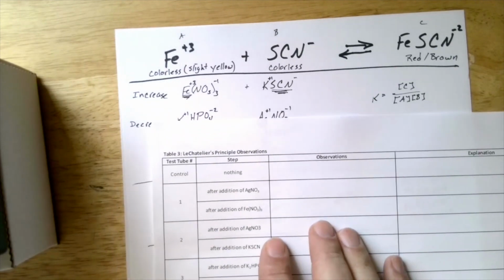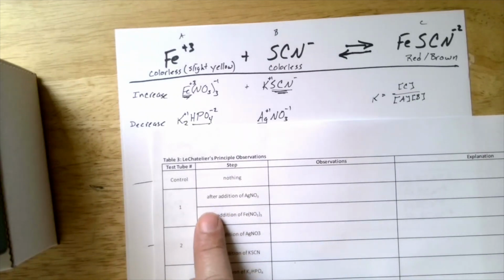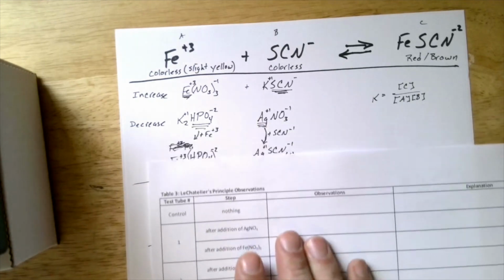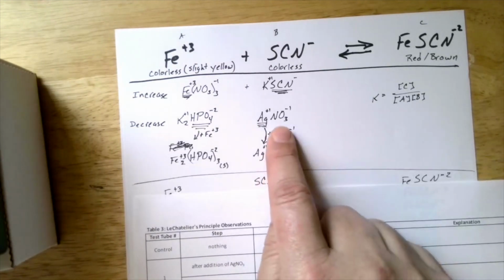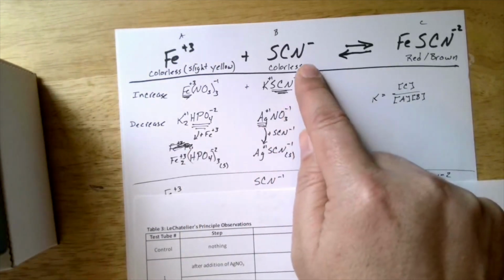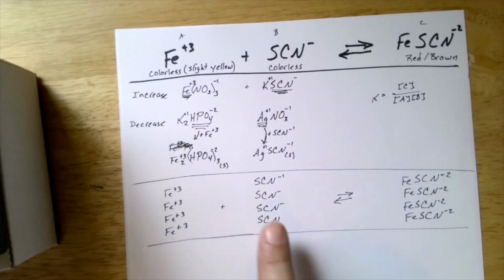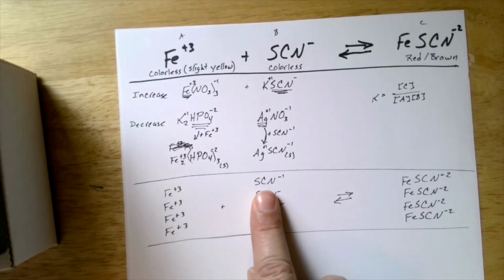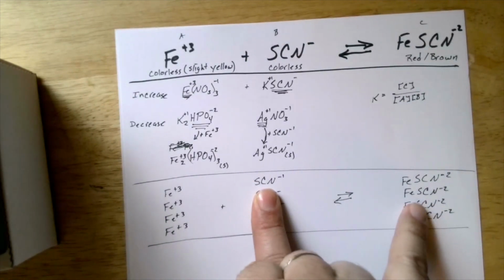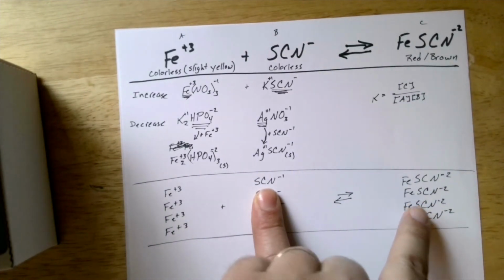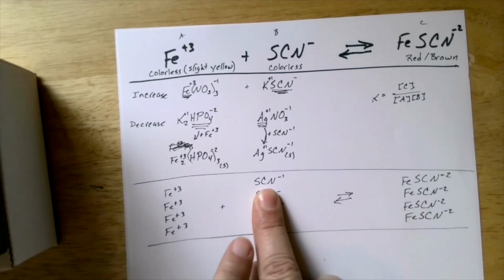Then in the very first one, you're adding the silver nitrate. Now remember, silver nitrate has the tendency of decreasing the amount of thiocyanate. So by adding silver nitrate, we're decreasing the amount of thiocyanate which is available. In order to maintain equilibrium, some of the iron thiocyanate over here will need to split apart and move over towards the reactant side.